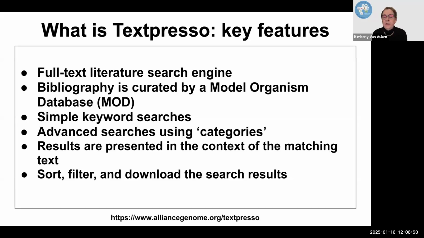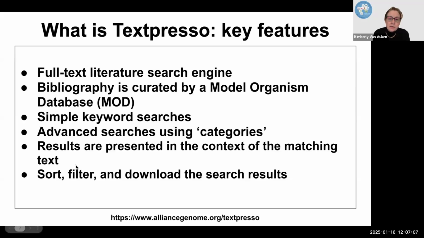These are groups of words that curators have determined help describe particular kinds of experiments. So they can be very useful for performing particularly targeted searches, and I'll show how to do that.